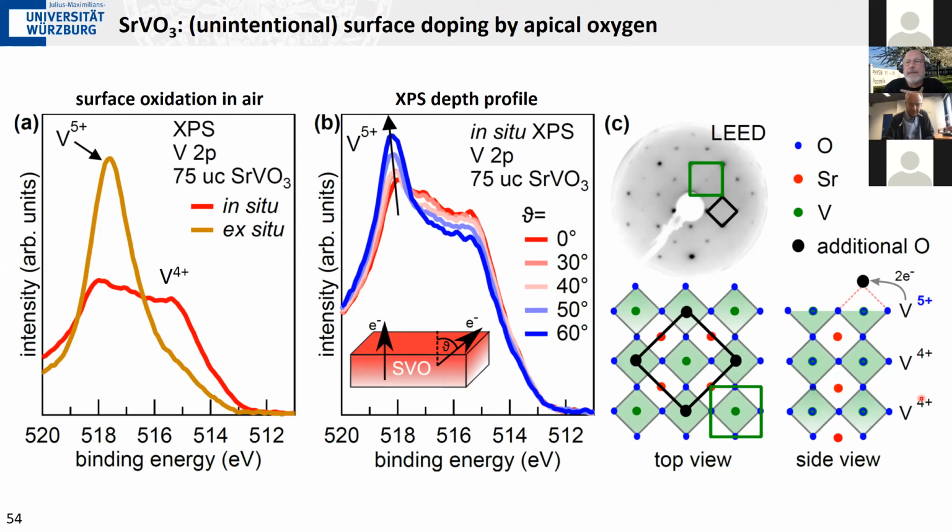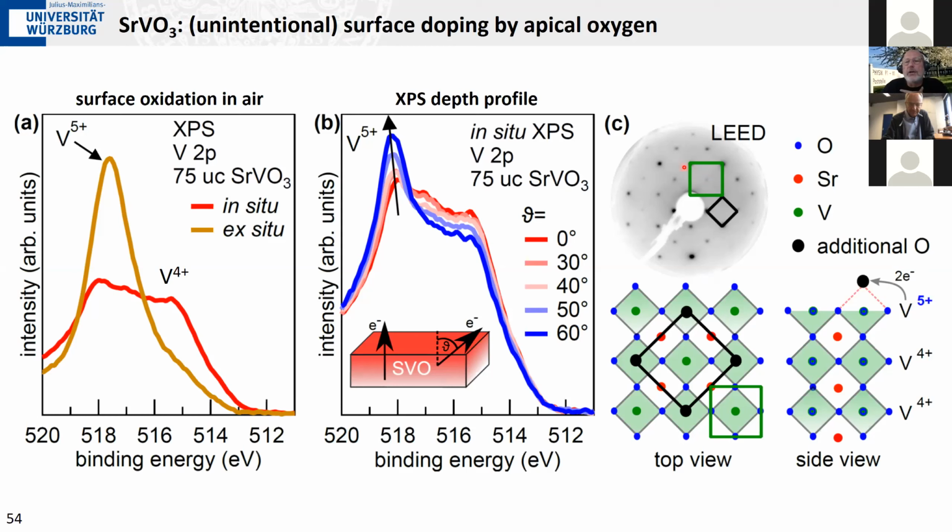And again, it's this completion of the open octahedron by extra oxygen getting absorbed at the surface. But extra oxygen ions mean that you oxidize your metal ion, and so you drive it from 4+ to 5+. And this is what we see here.